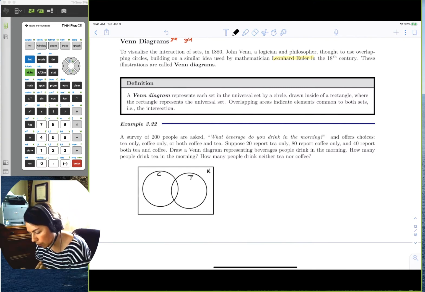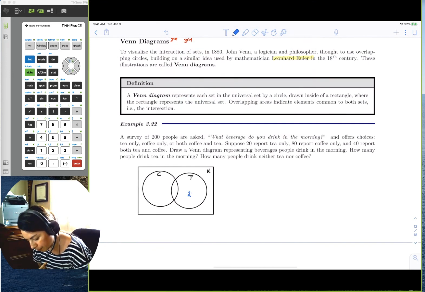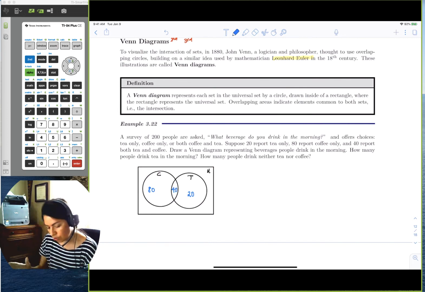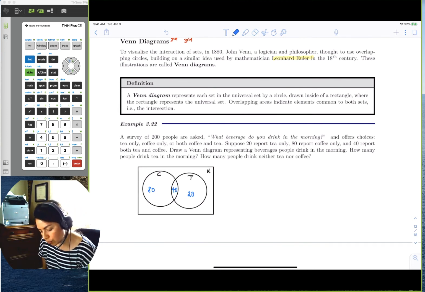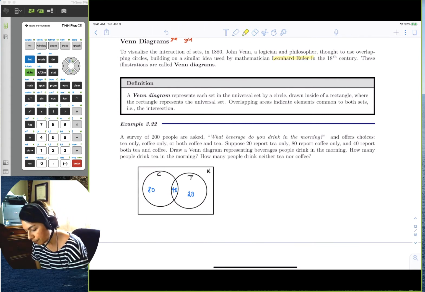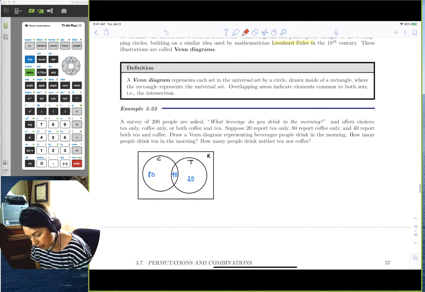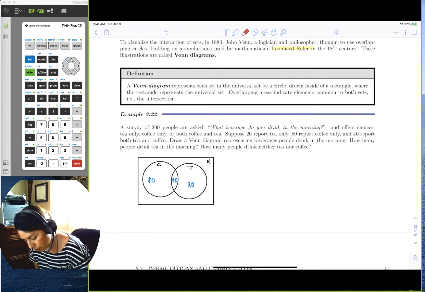So 20 report drinking tea only, 80 report coffee only, and 40 report drinking both. So 40 goes in that intersection because they drink coffee and tea. Okay, so how many people drink tea in the morning? Well, drinking tea would be this entire circle.